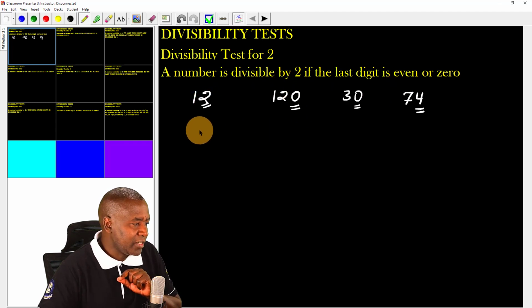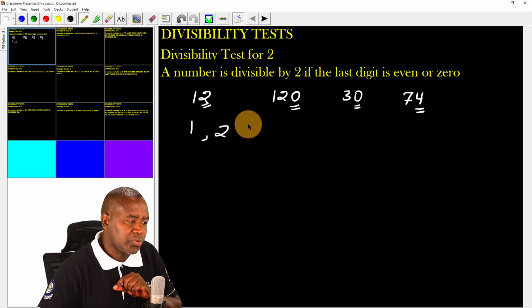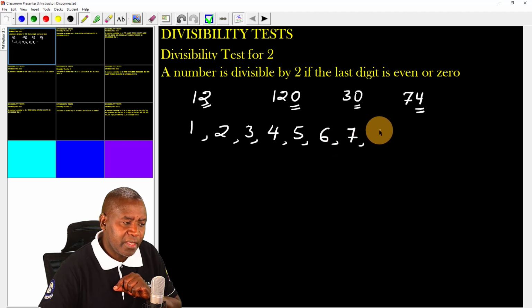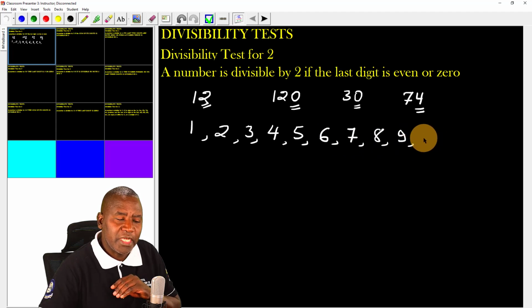Is it even? What are even numbers? If we look at the counting numbers, let me just list the counting numbers here. We have 1, 2, 3, 4, 5, 6, 7, 8, 9, and of course 10.